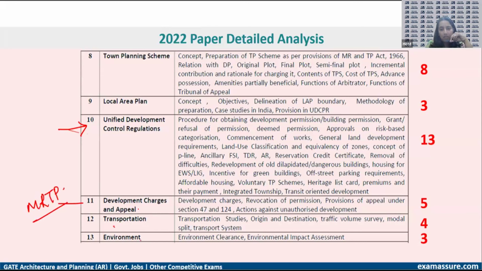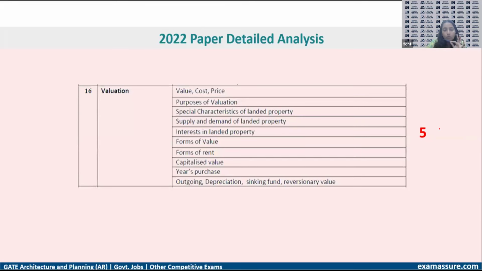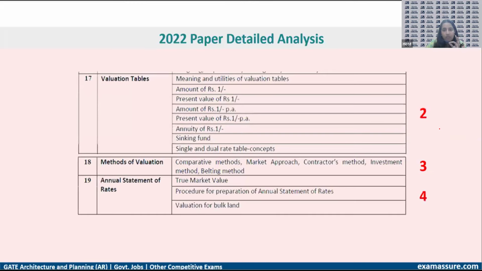Transportation planning, environment, 4, 5 questions here and there. Acts and rules: for the MRTP rules, you have 2 questions, planning evolution of legislation 1. All of these acts, 1 to 2 questions. Land acquisition, very, very important, 8 questions. And overall, if you see all valuation topics put together, that is 5 plus 2, 3, 4, so around 14 questions from valuation.